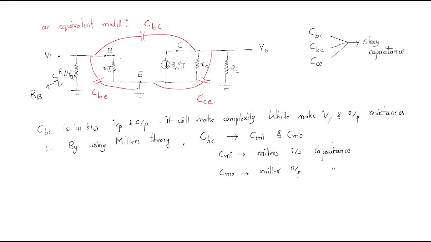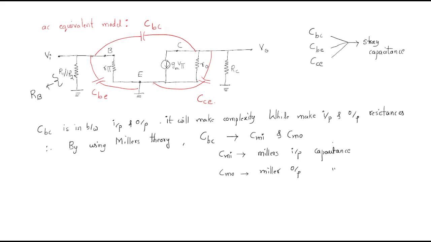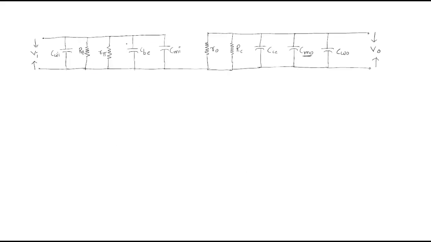And we have CBE. Generally between base and emitter we have a capacitance, this is the CBE. And for the input side we have CMI. So this is the input side CMI. And we have another capacitance, CWI. What is this CWI?